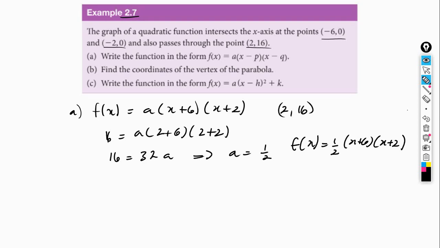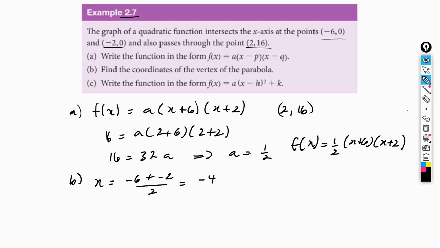For b, they want us to find the coordinates of the vertex of the parabola. Now let's remember that the x-coordinate of the vertex of a parabola is the axis of symmetry. And we know that that's going to be given by the average of the roots, or 0. So x is equal to (-6 plus -2) divided by 2. And from here we get -4.